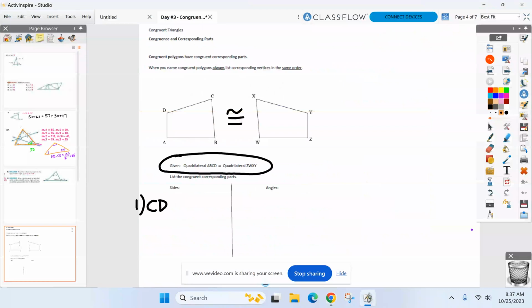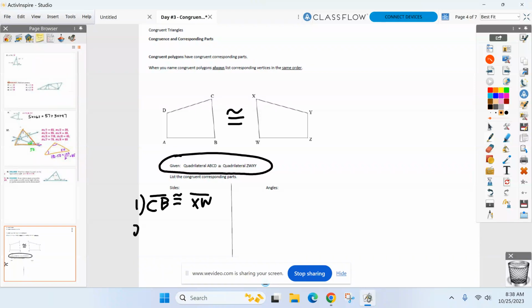So CB matches up with XW, got it. Now, because the figures are congruent, so are these two sides that correspond. But the figures have to be congruent first, all right?